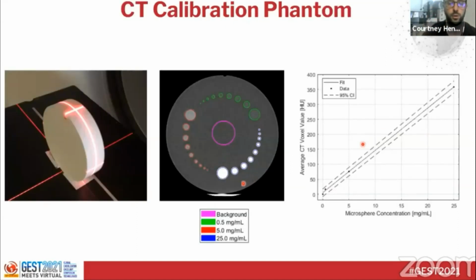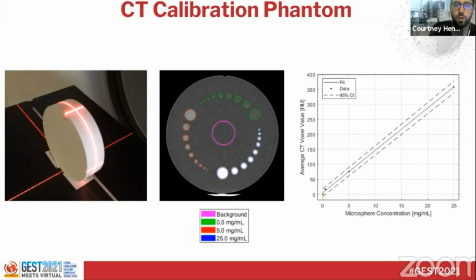To investigate the relationship between microsphere concentration and Hounsfield units, we designed a calibration phantom containing posts of various microsphere concentrations. In the central image here is an axial CT slice of the phantom overlaid with structures specific to the microsphere concentrations in the posts, with the blue structures for the 25 milligram per milliliter posts, red for 5 milligrams per mil, green for 0.5, and magenta for the background region void of microspheres.